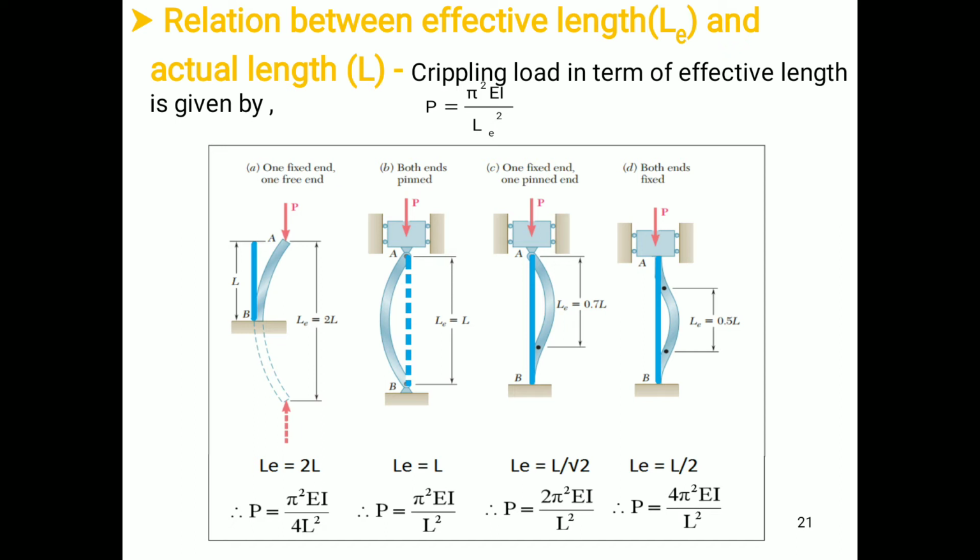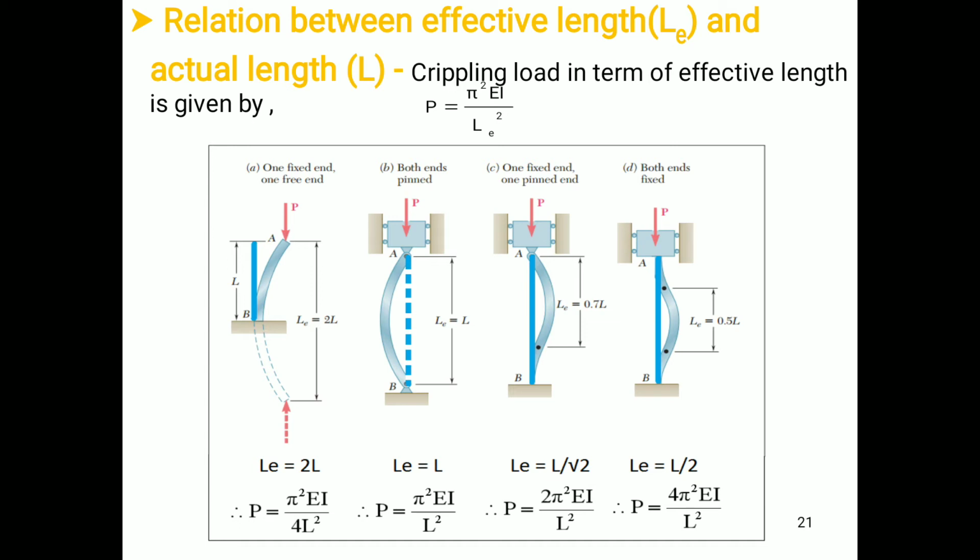First end condition is one end fixed whereas the other end is free. Second end condition is both ends pinned, or both ends hinged. Third end condition is one fixed end whereas the other is a pinned end, and the last one is both ends fixed.